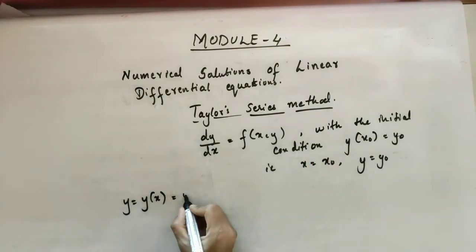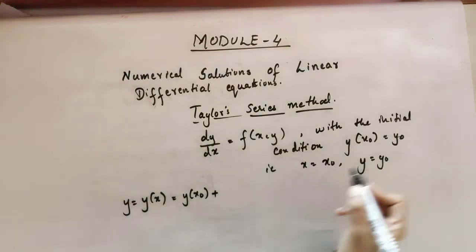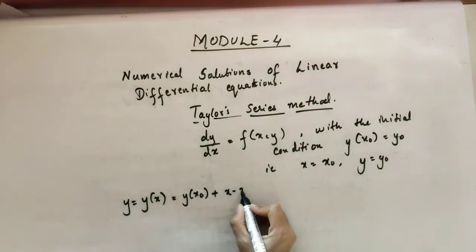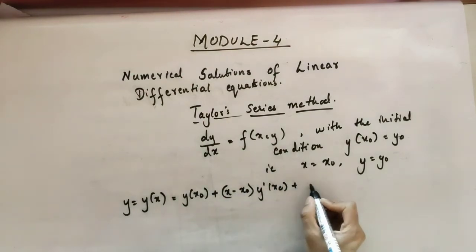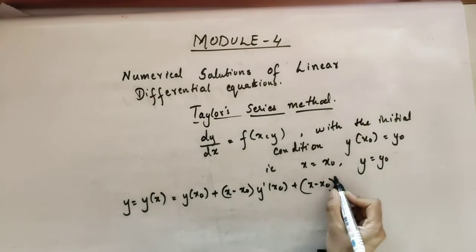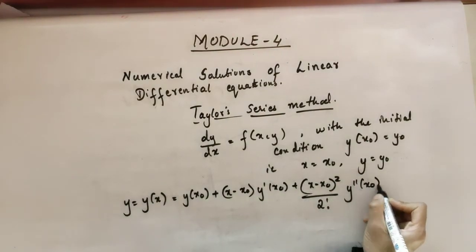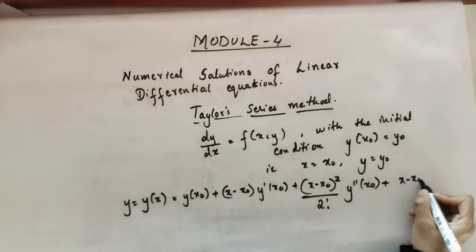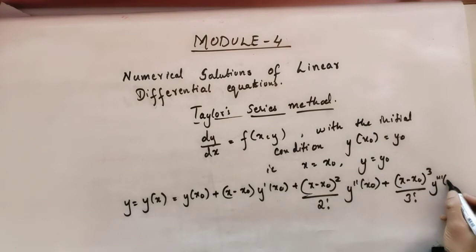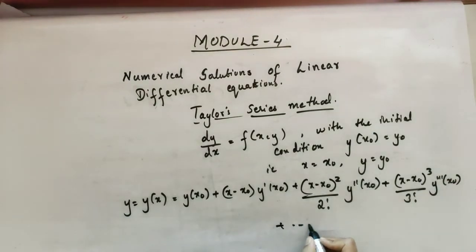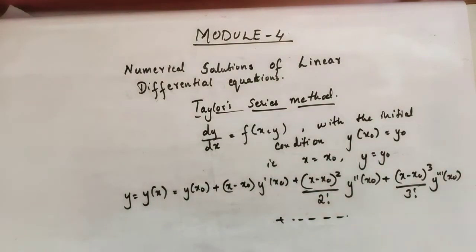You can write it as y of x naught, which is y naught, plus x minus x naught into y dash of x naught, plus x minus x naught whole square by 2 factorial into y double dash of x naught, plus x minus x naught whole cube by 3 factorial into y triple dash of x naught, and so on. This is the Taylor series about the point x is equal to x naught.